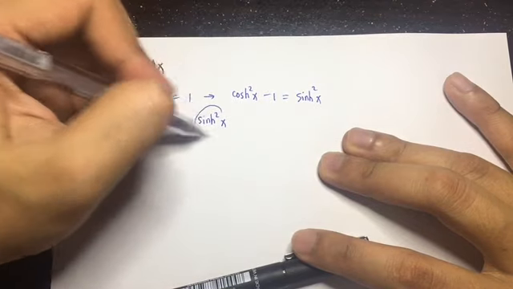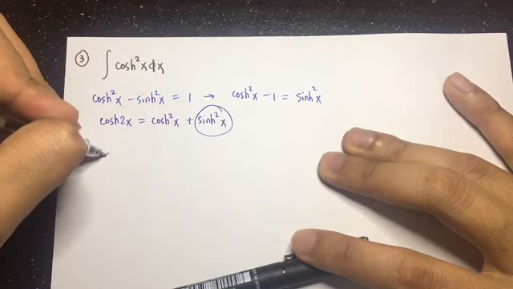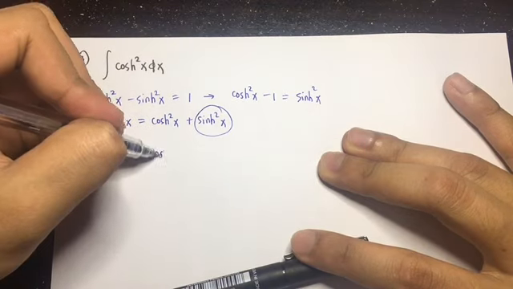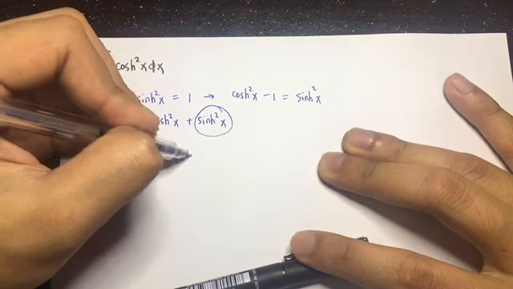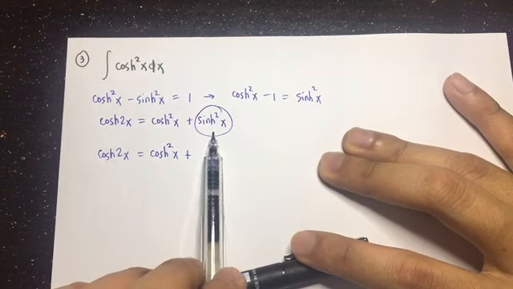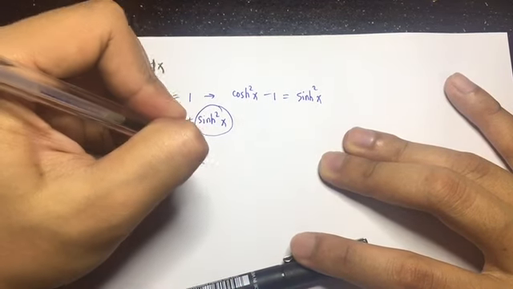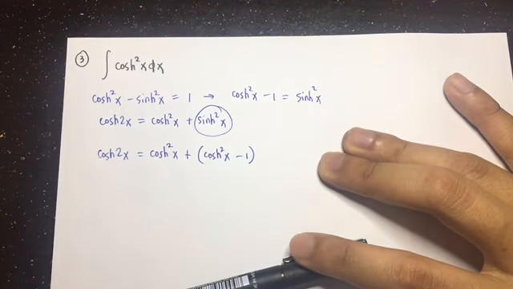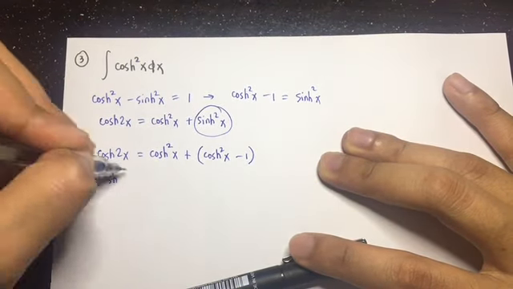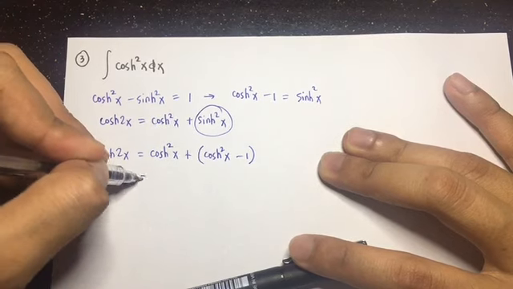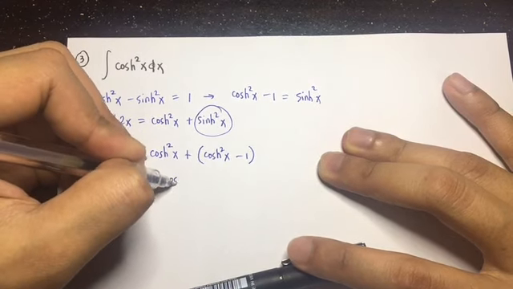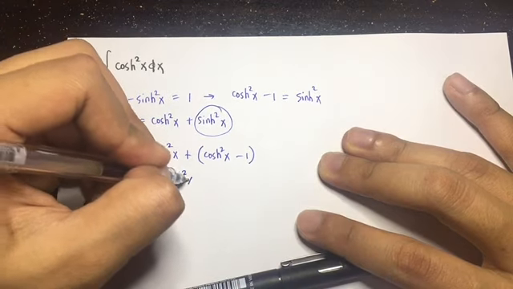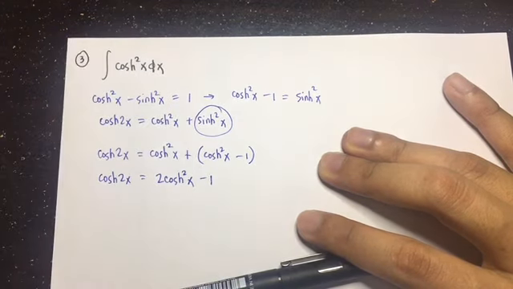Let's use that to replace this. So hyperbolic cosine of 2x is equal to hyperbolic cosine squared of x plus hyperbolic cosine squared of x minus 1. Simplifying that, hyperbolic cosine of 2x is equal to 2 hyperbolic cosine squared of x minus 1.